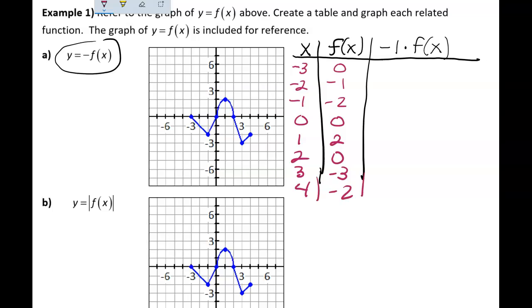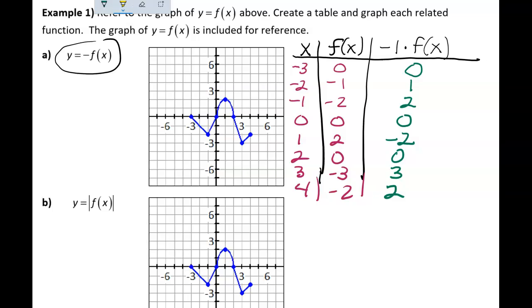Now, all that's left is to take the opposite of each of those f of x values. So -1 times the f of x value in the column to its left is 0. So we're just going to take the opposite. So that'd be +1, +2, 0, opposite of 2, 0, +3, and +2.